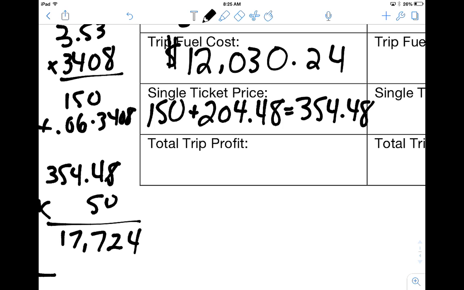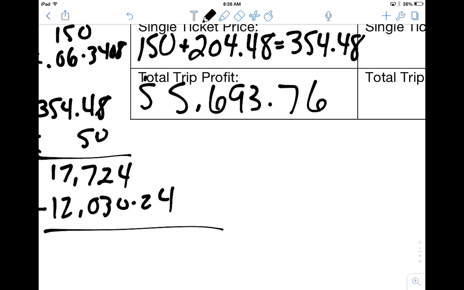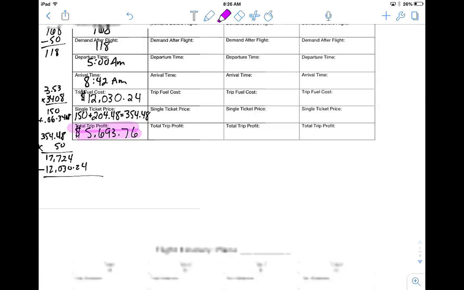Now I have to subtract 12,030.24, and I end up with $5,693.76. So that is how much I make total for this trip. Okay, so there is one full trip.